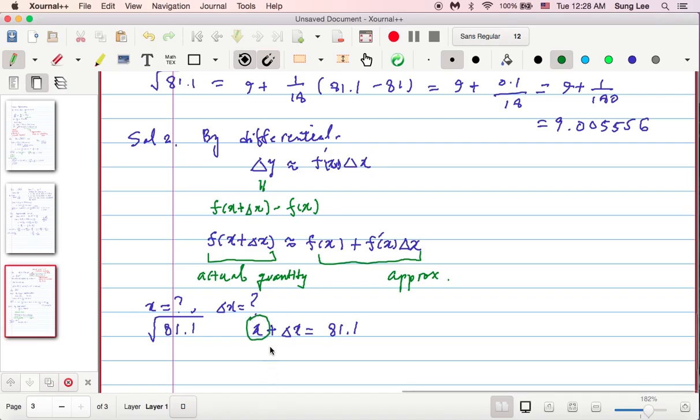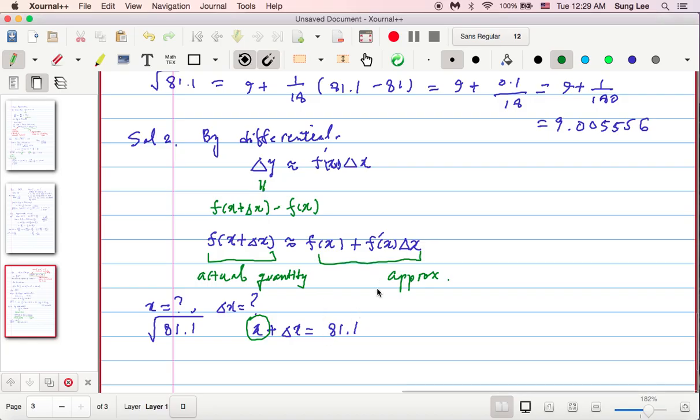For choosing x, we have to use those two criteria: x has to be close to this quantity here, and also it has to be good enough so that f of x and f prime of x can be calculated without a calculator.